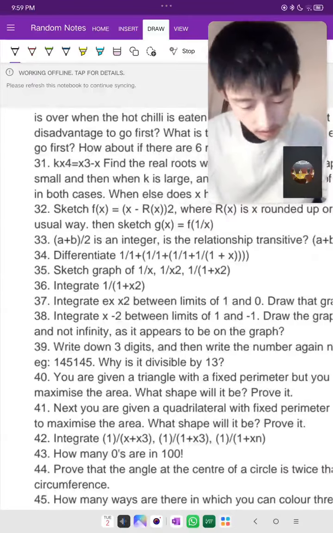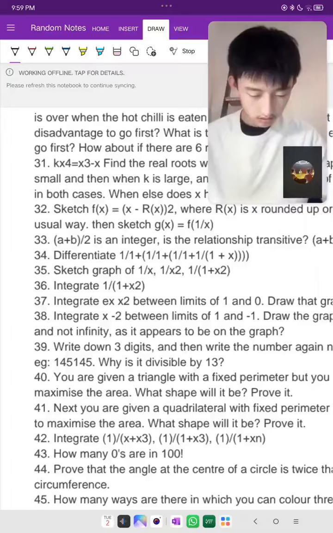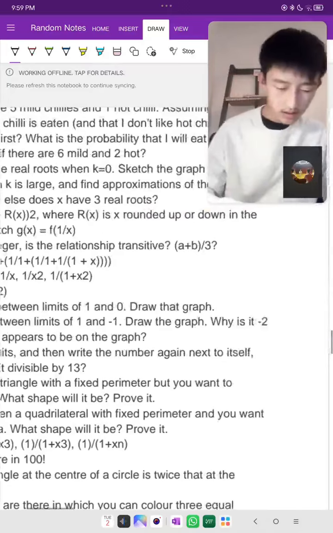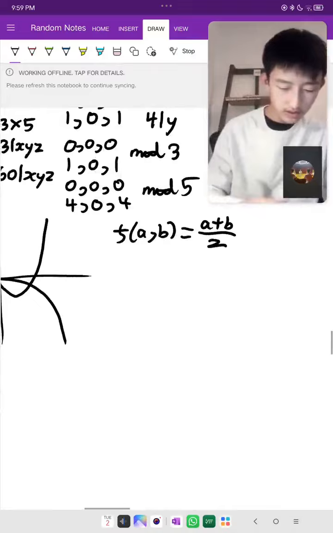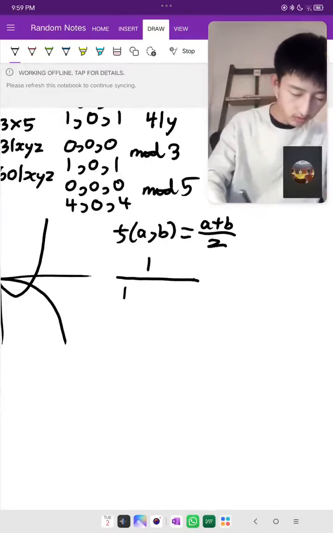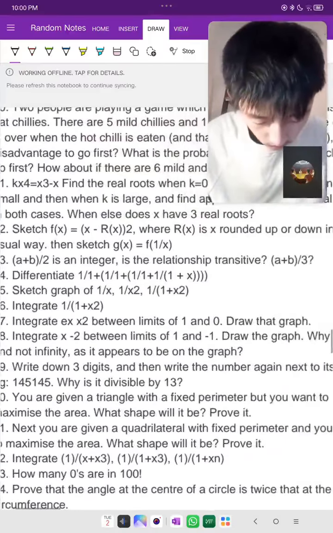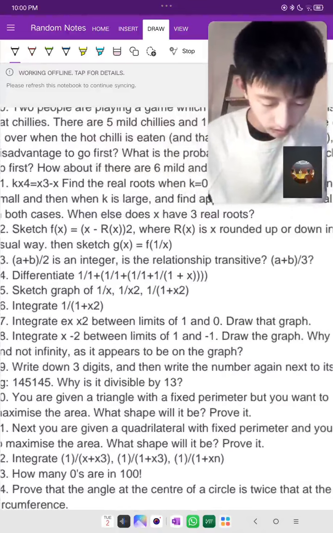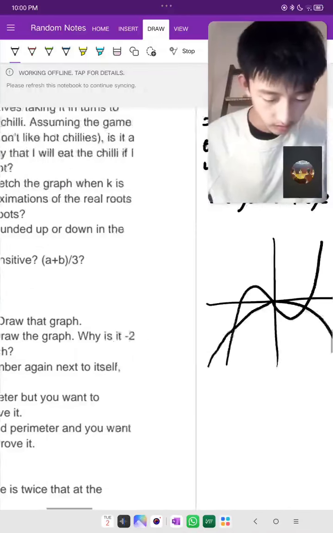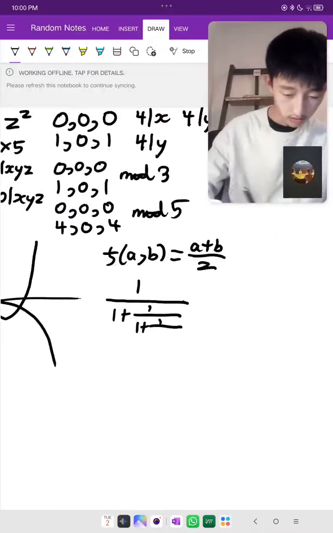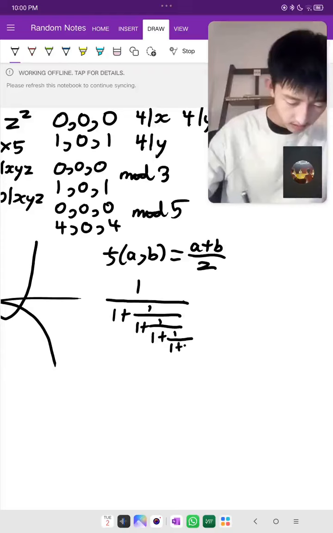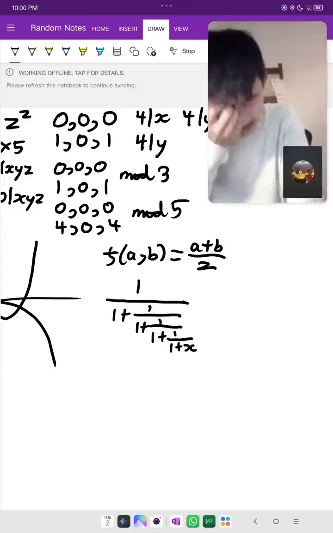What on earth is this? I think this is trying to say 1 over 1 plus 1 over 1 plus 1 over and so on. How many times do I do this? So I should have 1, 2, 3, 4, 5, 6, 7, 8 ones. So I have to differentiate this.